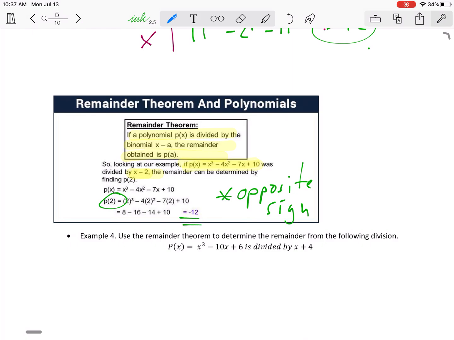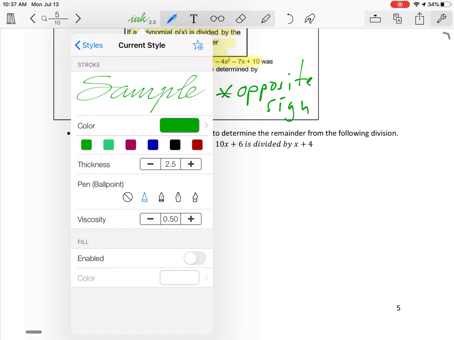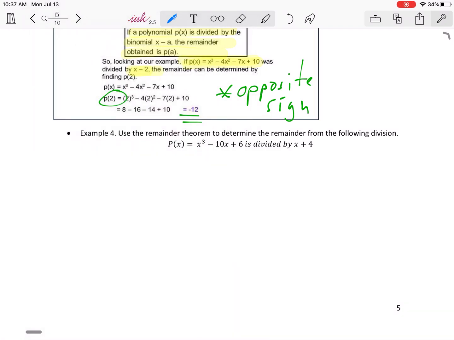And you would find the same remainder had you used either long division or synthetic division. Okay, so let's try this one here, and we'll close with this one. So here's your polynomial, x cubed minus 10x plus 6, and you're dividing by x plus 4.